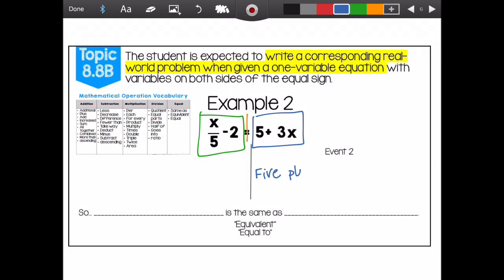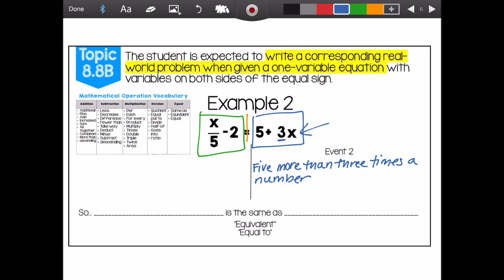Actually, you know what? I'm going to use more than. I'm going to say 5 more than 3 times, again, because the coefficient is 3, times a number. And again, that number is representing the variable right here.